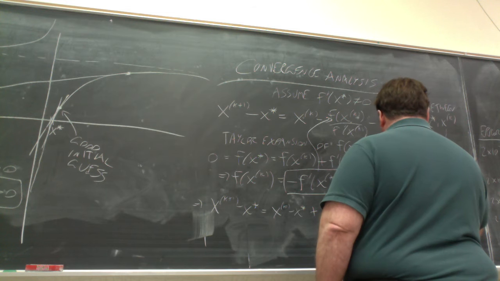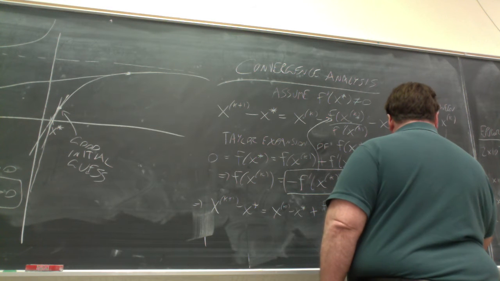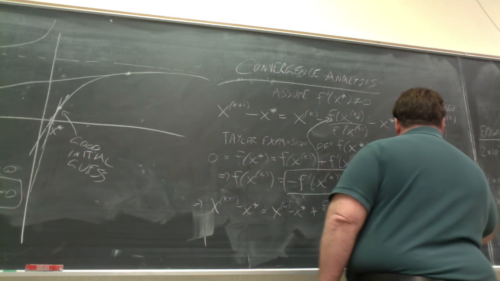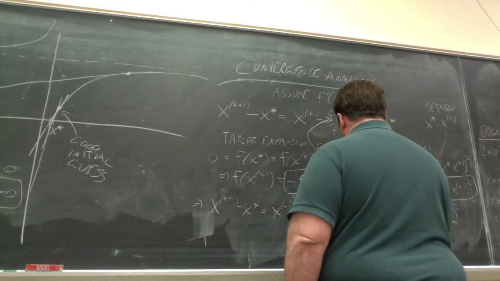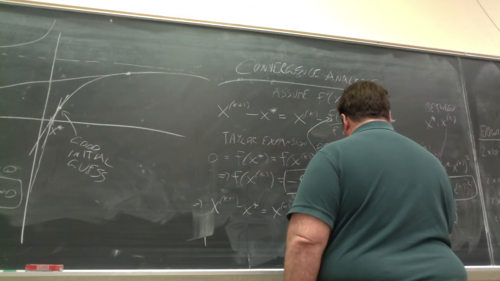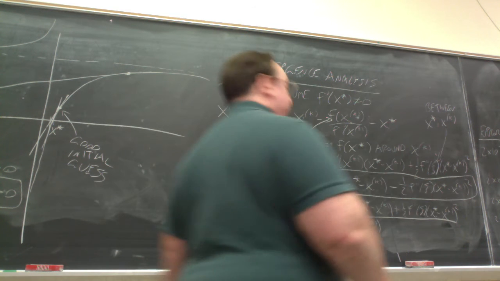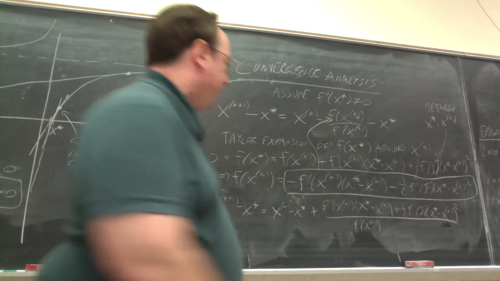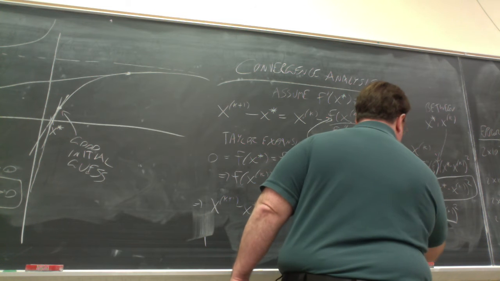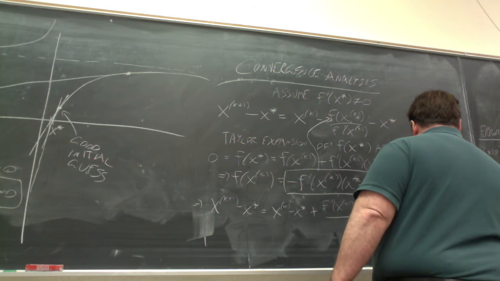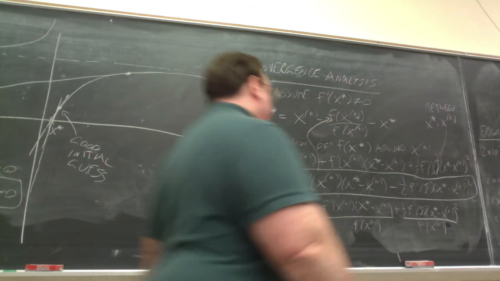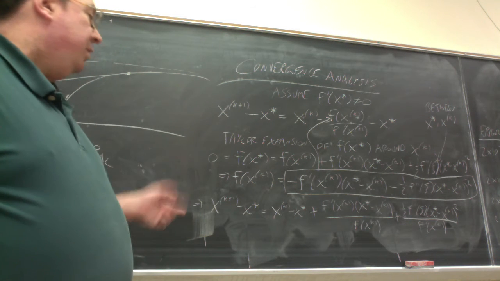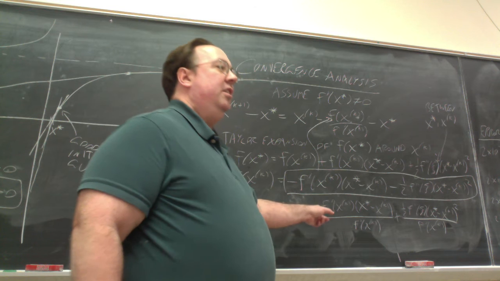And then the second derivative over f prime. Now, if I break this up into two fractions, let's put that same denominator down there and move my plus down. Then in the first fraction, the f primes cancel.